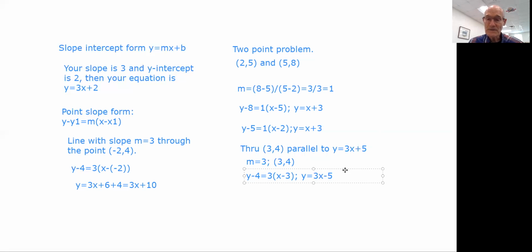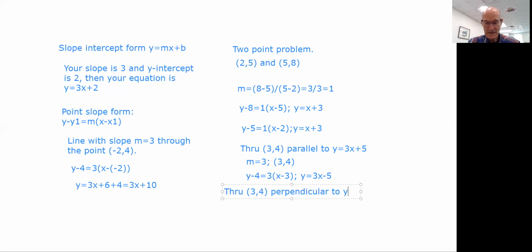And then the final type of linear problem that you would have is where you have through a point, so we could say the same thing, through point 3, 4, and then we're going to be perpendicular to a given line.